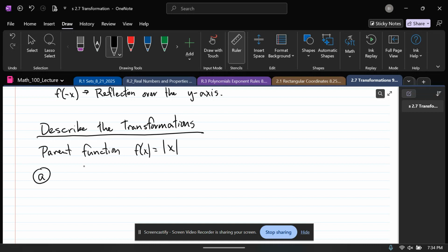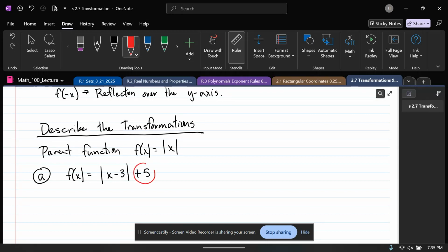Example A. Here is the transformed function. Absolute value of x minus 3 plus 5. This one has two transformations that happen to it. What are they based on the rules that we just went over?